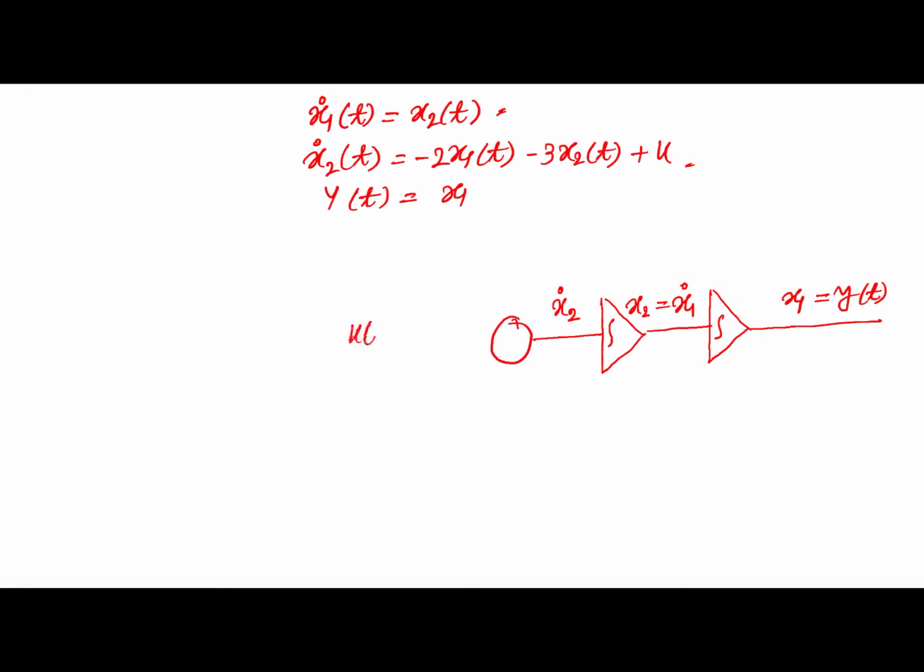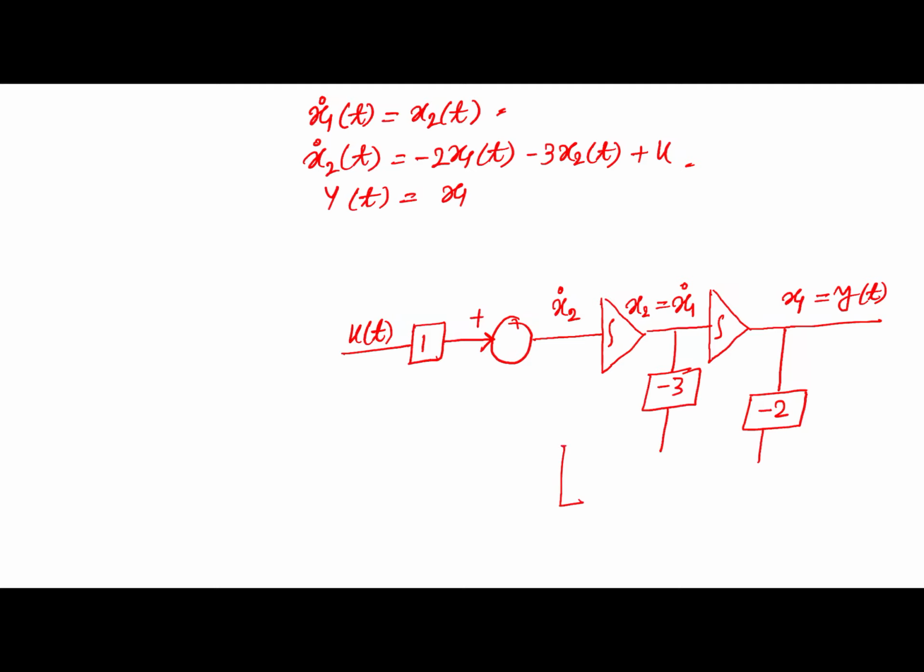The input u will be multiplied by 1 and it is the first input to the summer. Then we will take x1, the scaling factor is minus 2. We will take x2, scaling factor is minus 3.